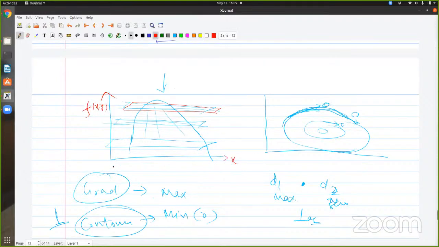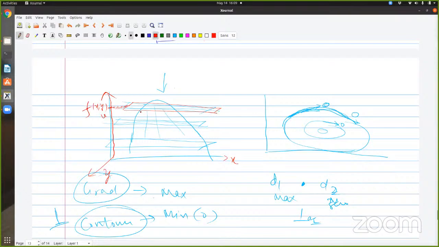This is your x and this is your y. What is the value of f of x comma y at this point where this disc is kept? Some value, let's say v.